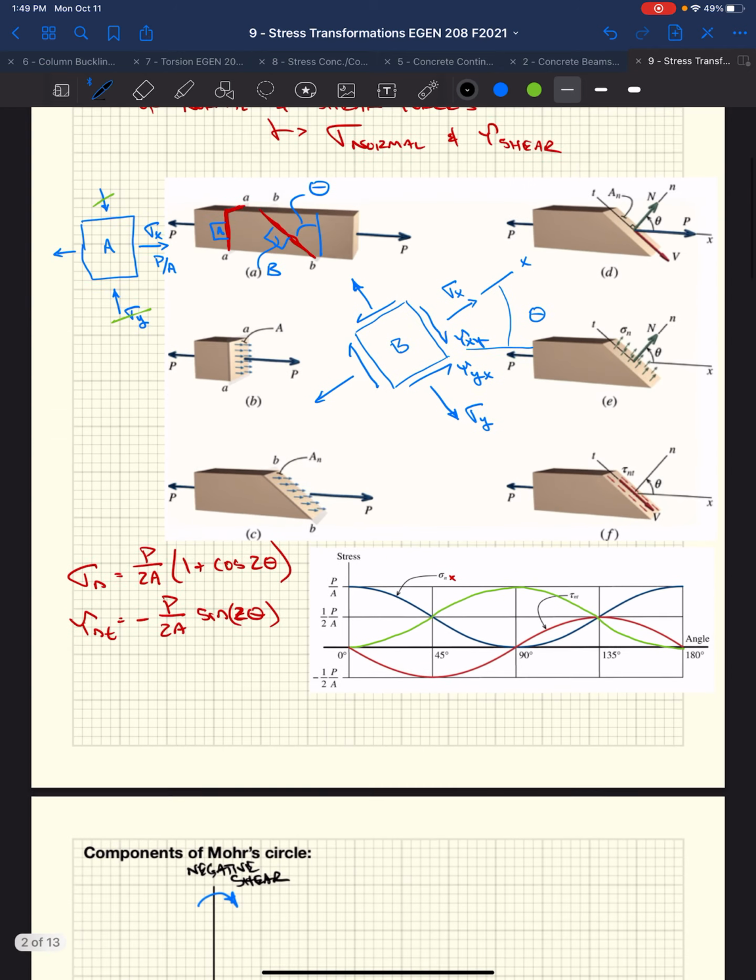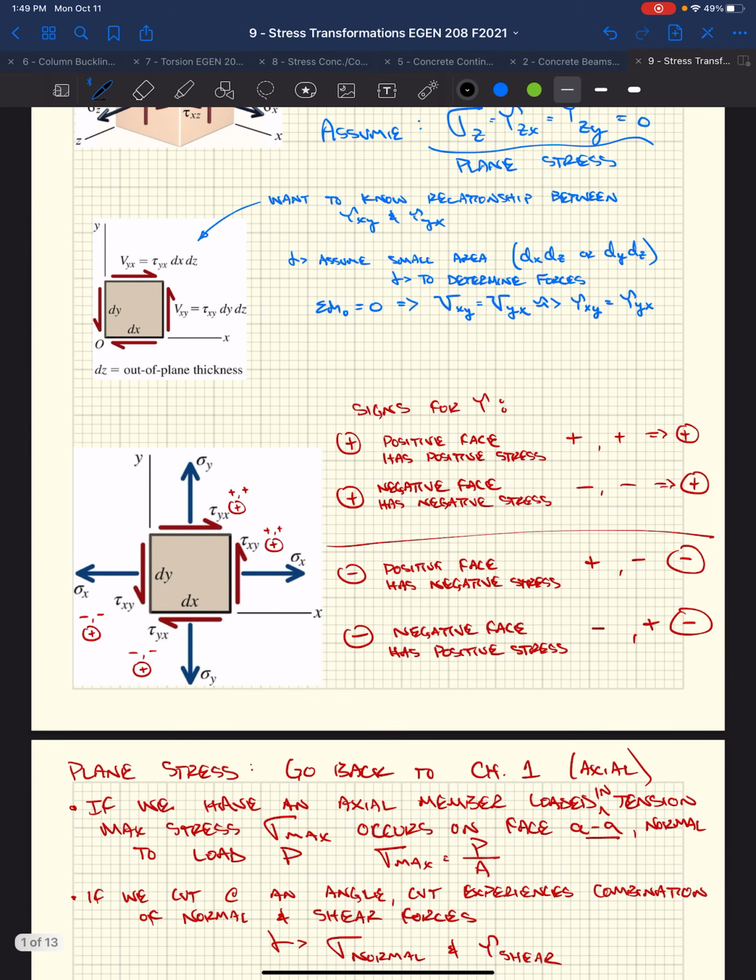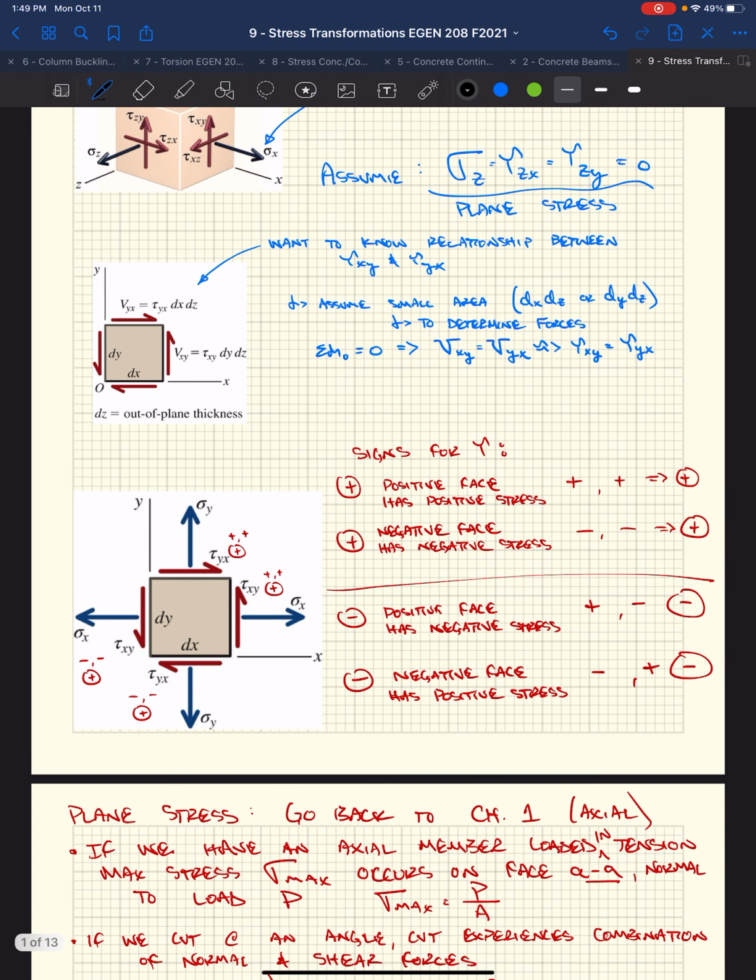Yeah, so if we go back to our stress block, if we were going to look at this stress block and plot, the intent is to take a known stress state and plot those values on the graph. And then those values create a circle. Those are on the perimeter or circumference of our circle.